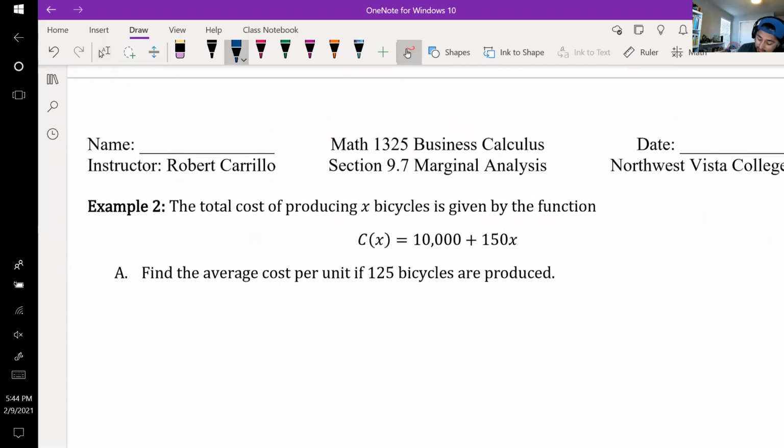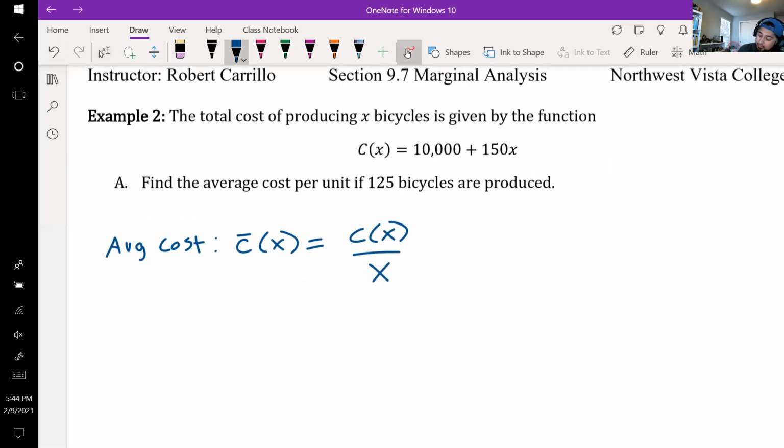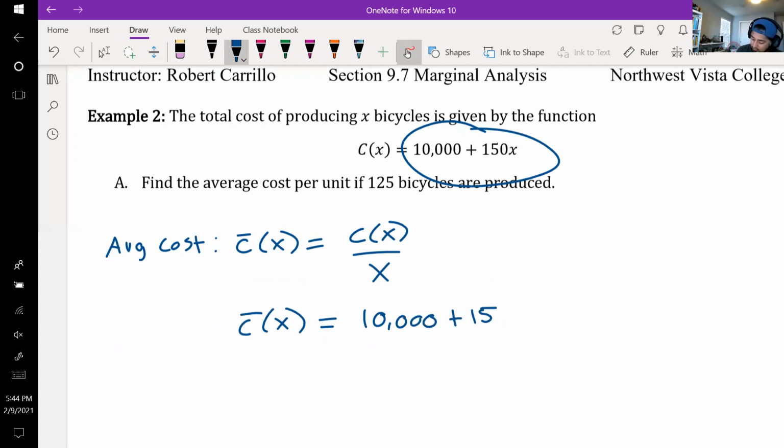So remember that average cost is given by the formula C bar of X, which is equal to the cost function over X. So all we have to do is take this cost function that's already given and put it over X. And then the last step would be to plug in 125 bicycles.